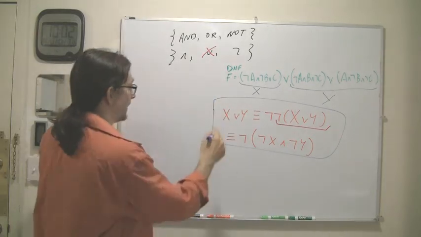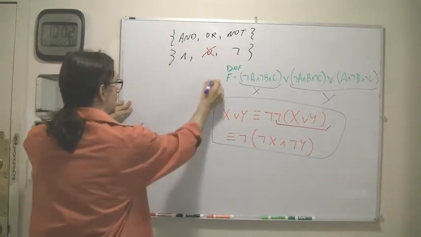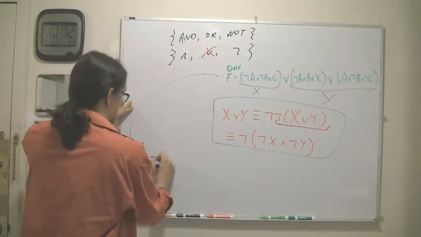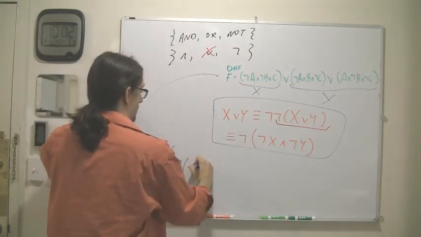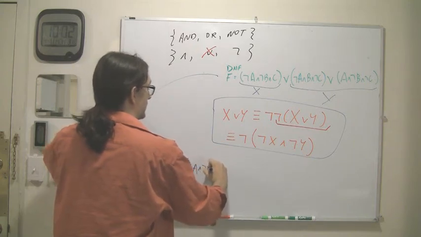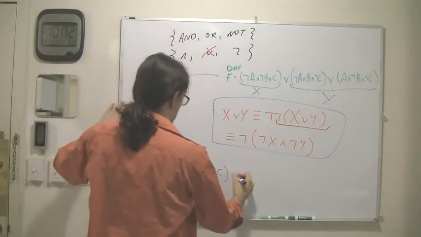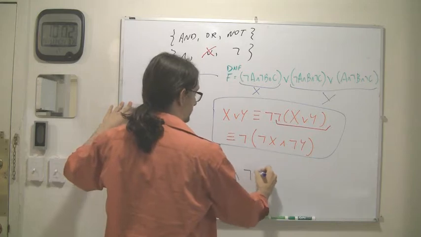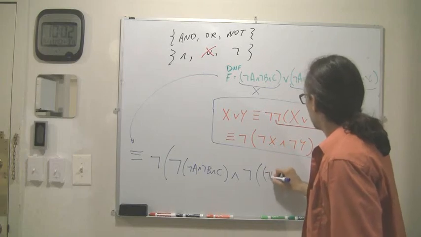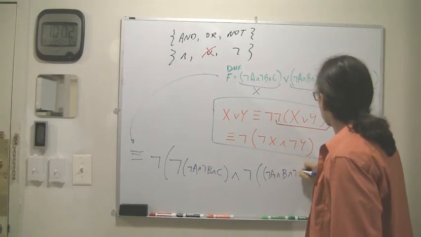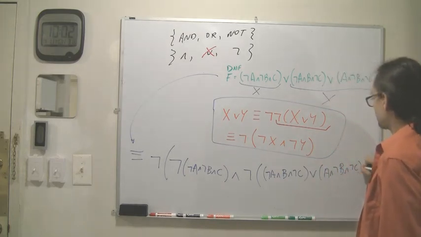Okay, the formula says that x or y is going to be exactly equivalent to what? To not x. What is x? This thing is x. So not a and not b and c, and not y. What is y? This longer thing here. So not a and b and not c, or a and not b and not c.